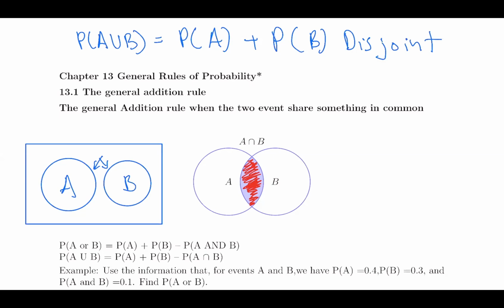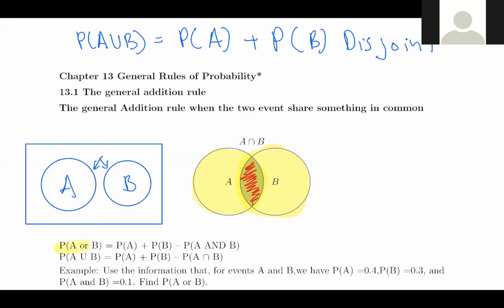You can kind of imagine, if we want to find the probability of A or B, you take this probability and then you add that to the probability of B. But when you add that, if you notice that middle portion, we counted it double. So since we counted it double, we have to subtract this portion right here. And that's what this formula is saying.